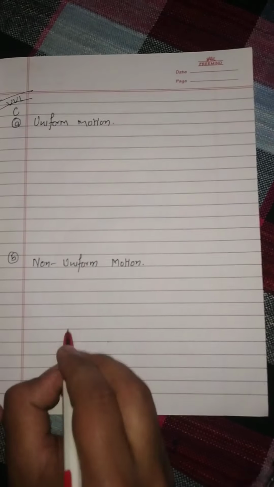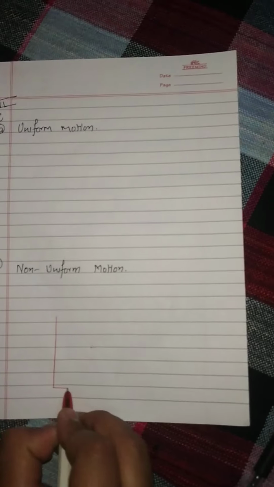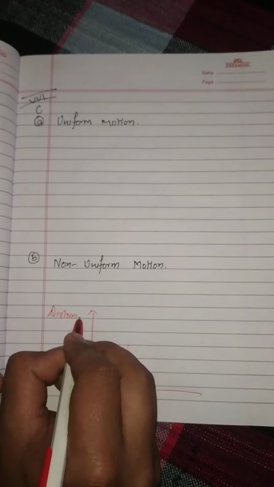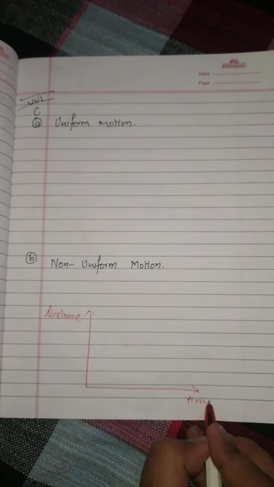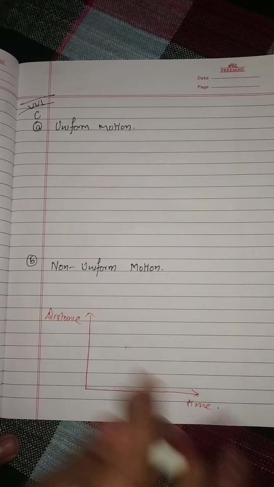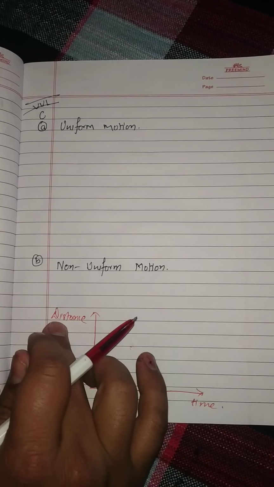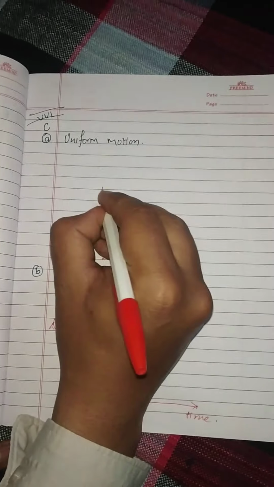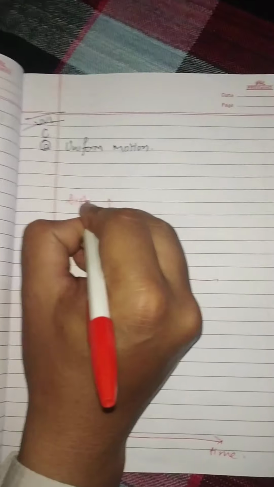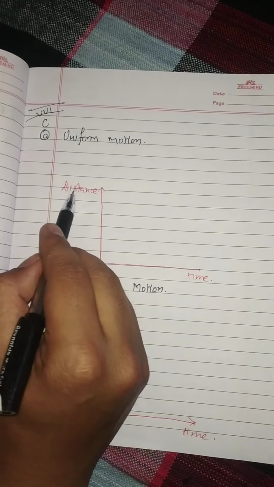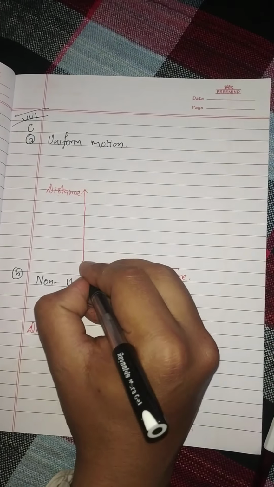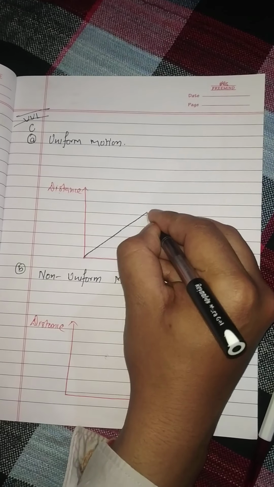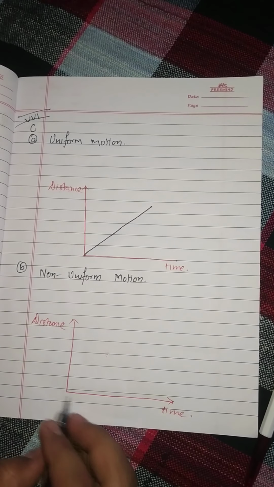For example, if you see a graph like this, this is your distance or position, and over here this is time. This graph is particularly called a distance-time graph. If an object covers equal distance in equal intervals of time, and if we plot their position and time respectively, we will get a straight line.